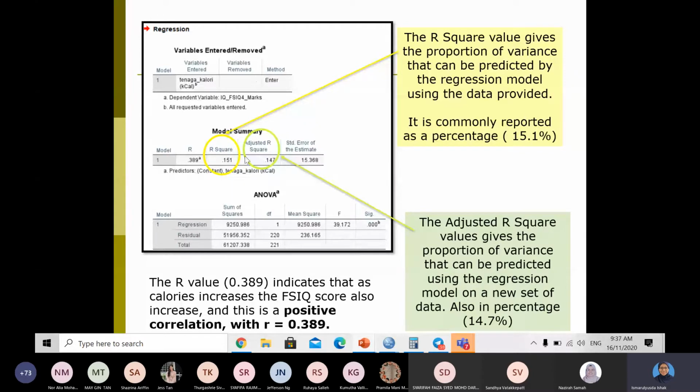What you should present in your result is this R square, not the adjusted R square, which is 15.1%. The R value here indicates that as calories increase, the full-scale IQ score also increases. So this is a positive correlation, and the R square actually comes from the correlation value.